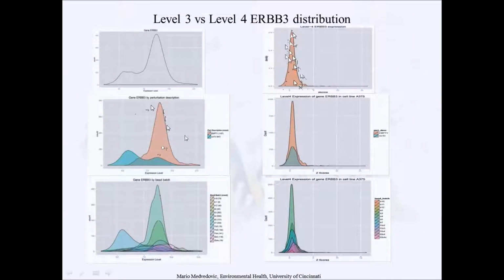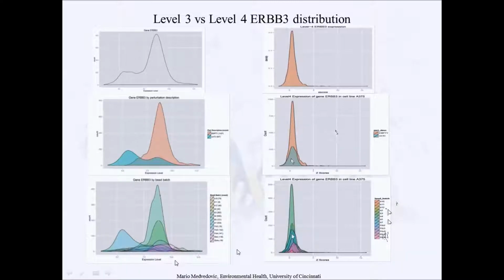If we split by empty and untreated perturbation description, we still get about the same picture. So these bell-shaped distributions for the two subpopulations still seem to be behaving the way you would want them to behave. So they are normalized properly. And the same is the case if you split further by bead batches, which Chad also did.